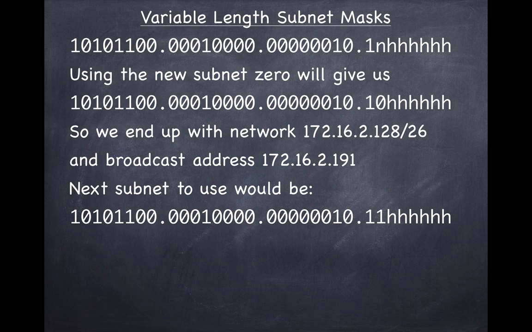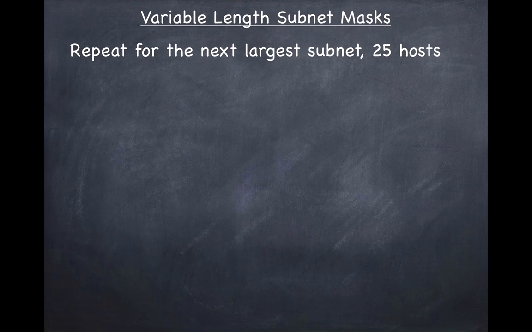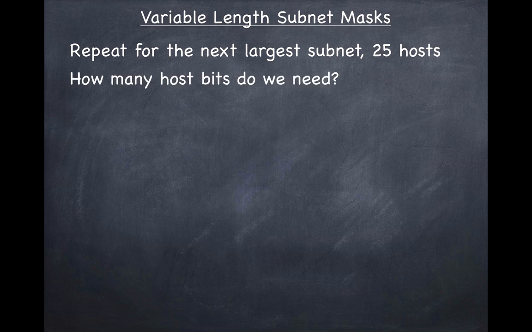Our next subnet would be where we set the network bit to 1 instead of 0. And carrying that over, we would need to ask what is the next largest subnet for 25 hosts. How many bits do we need?